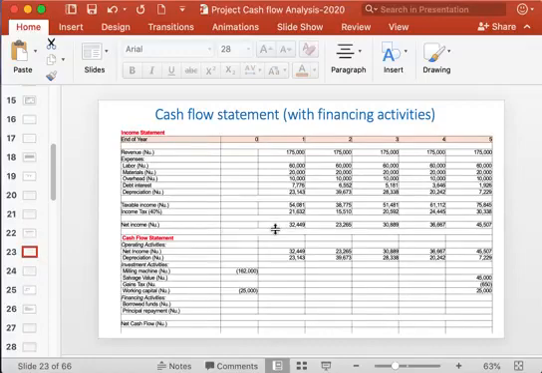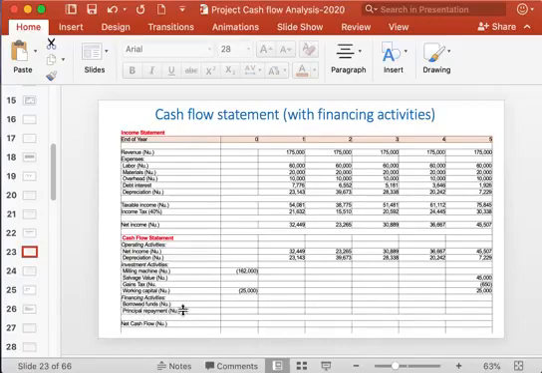Now, in order to prepare the income statement, we have to include one component here, which is the interest under the expenses. That is one. Another one is under the cash flow statement in the financing activities.